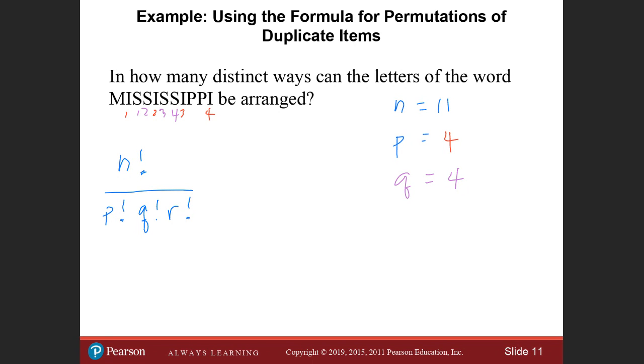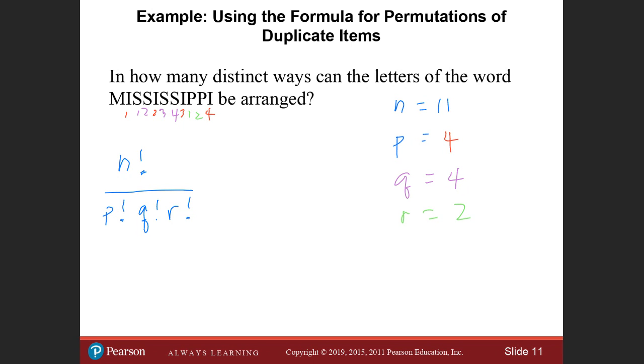M doesn't have any duplicates, so we will not include M. The formula is used only for duplicates. Actually, it's the p here, so we have only 1, 2, so that would be 2 for your r.